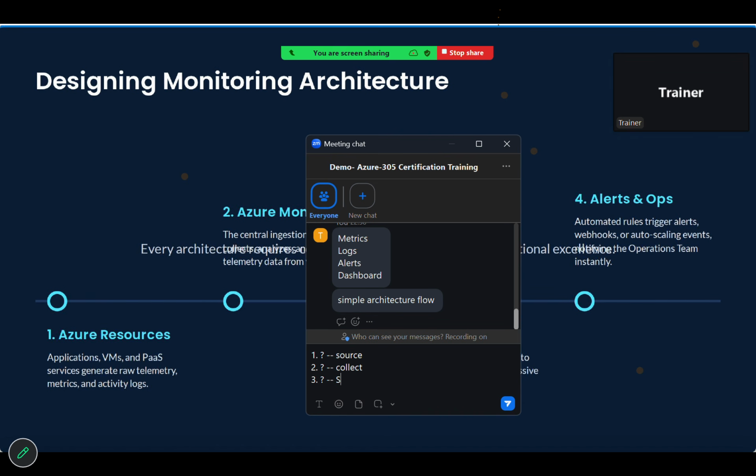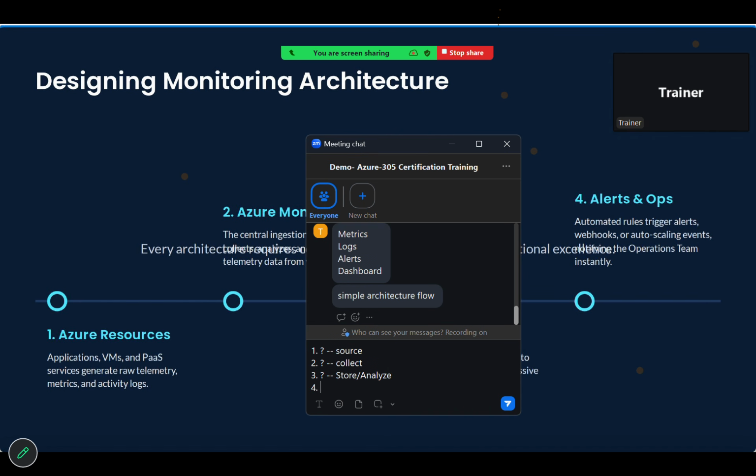It will be store or analyze. The text is overlapping, okay, no issue, I will explain you. Look in my chat.